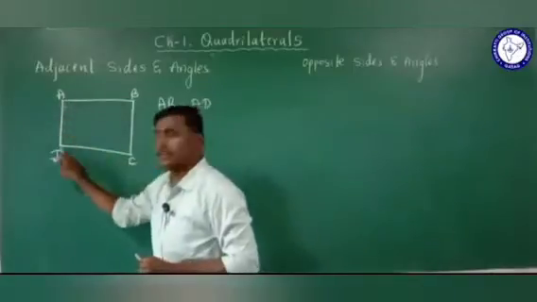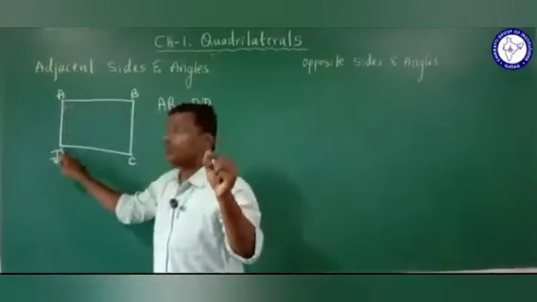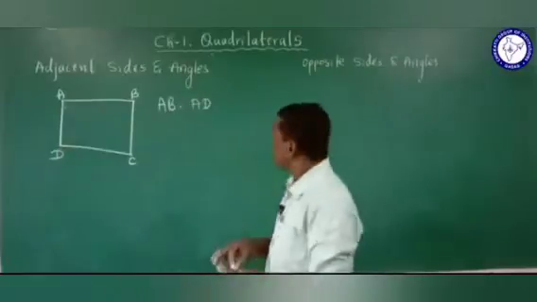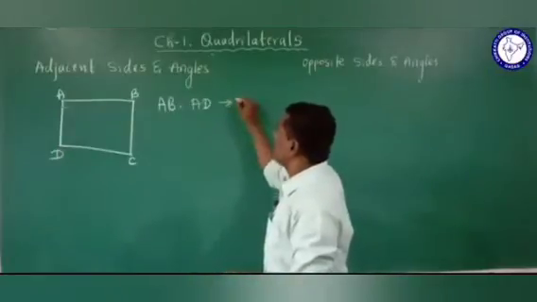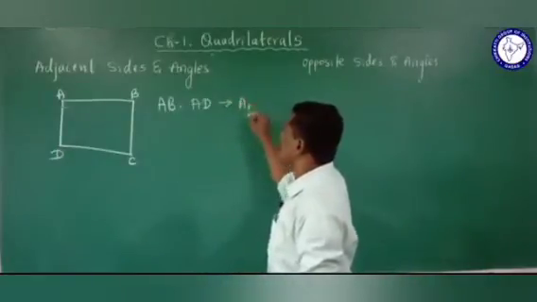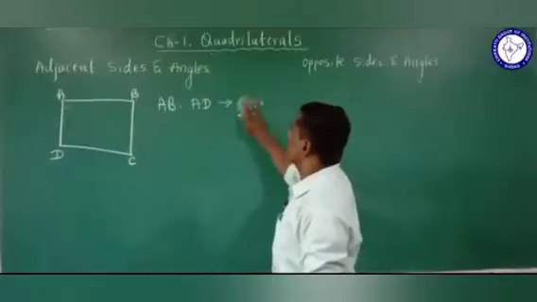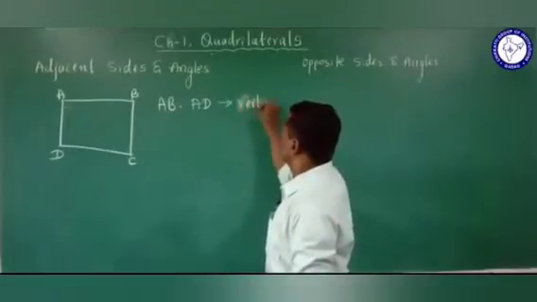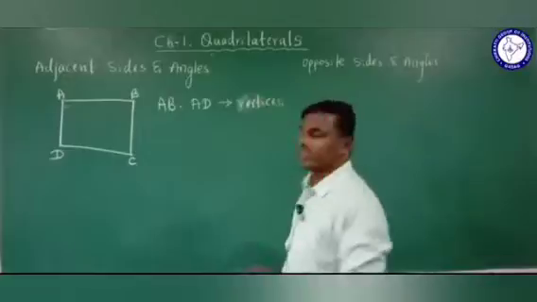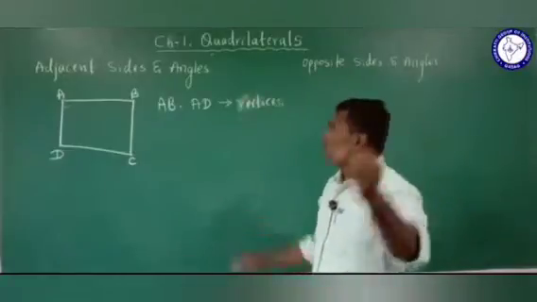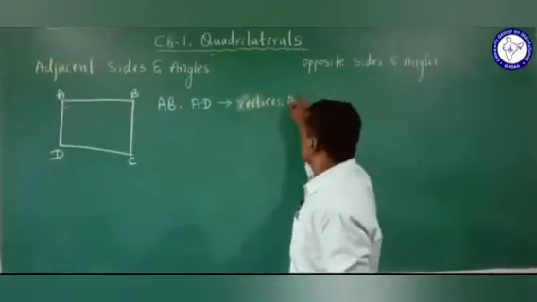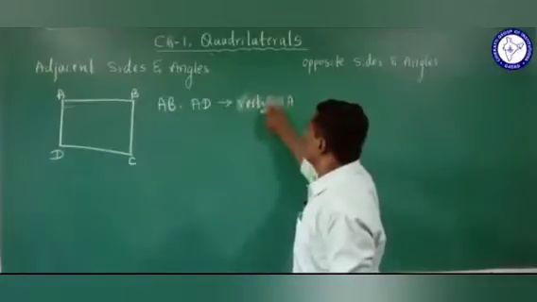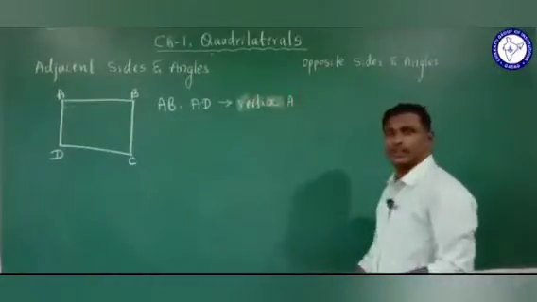AB and AD are the two sides which originate from the vertex A. These two line segments have a common vertex, that is vertex A, right?